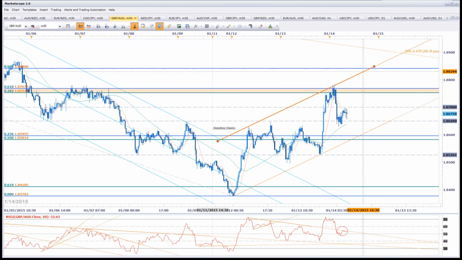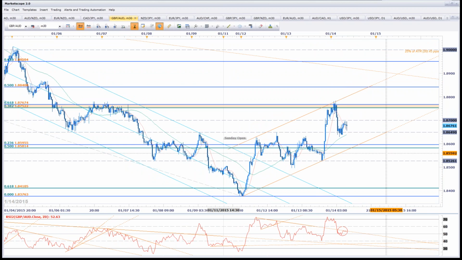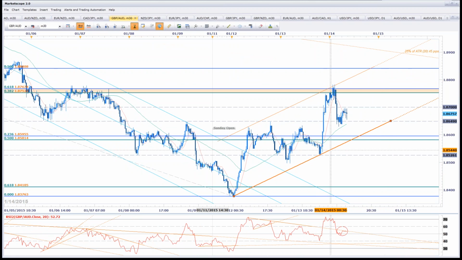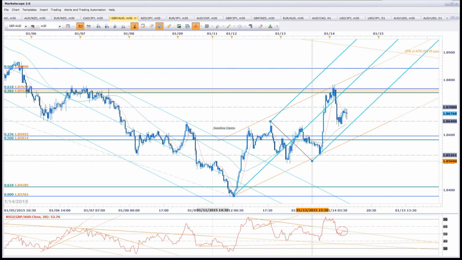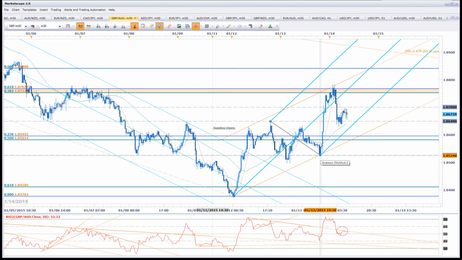Yep, looks pretty good. Okay, some possible formations here in play.